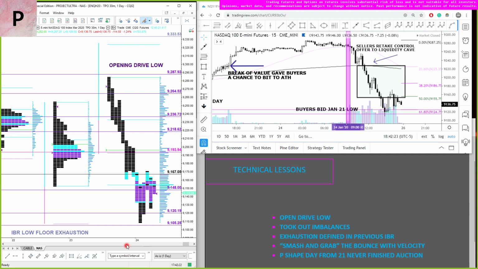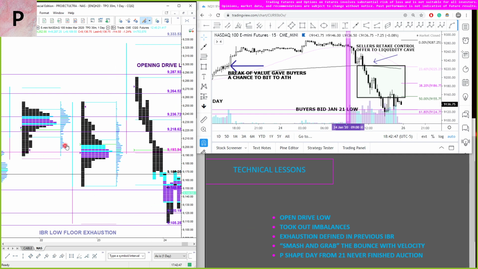And the smash and grab is literally what it sounds like. You smash sized lots into this area, and then you can leverage a smaller move back to value with velocity in order to extrapolate profits, regardless of the fact that you weren't in this longer trend-like move.